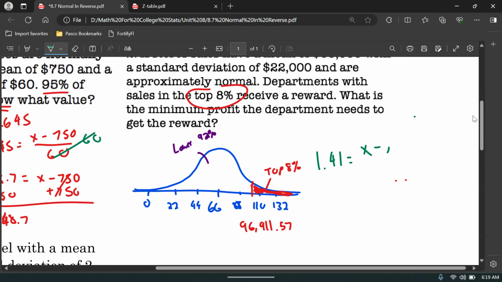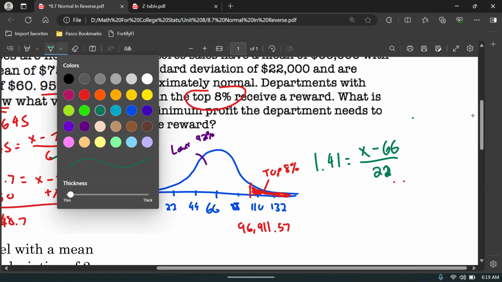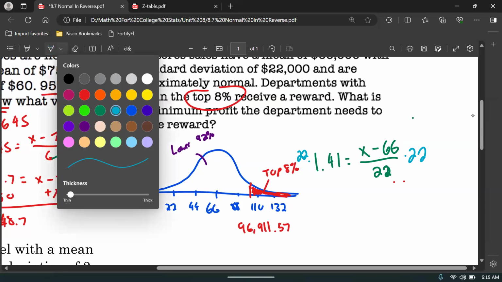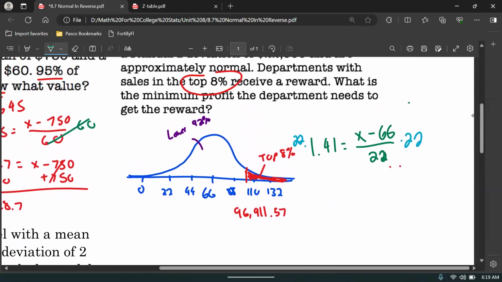Z equals X minus the mean. The mean again was 66,000. I'll just put 66 for now and divide by standard deviation of 22. So when you solve this, you'll multiply by 22 on both sides, and then you will add the 66 to both sides. So multiply by 22, and we get, 22 times 1.41 is 31.02. 31.02 equals X minus 66.